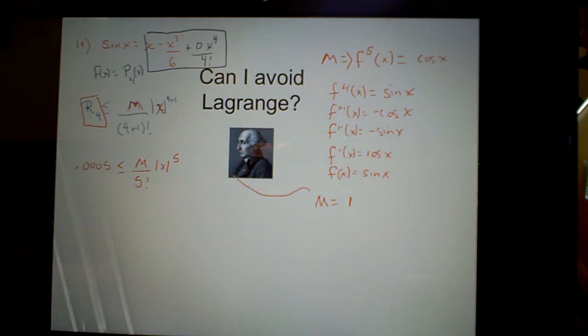So taking that m and plugging it there means I'm simply solving this inequality. Multiply both sides by 5 factorial, and you get 0.06. Whatever, I don't care about, again, positive, you're putting in x or you're putting in negative x.